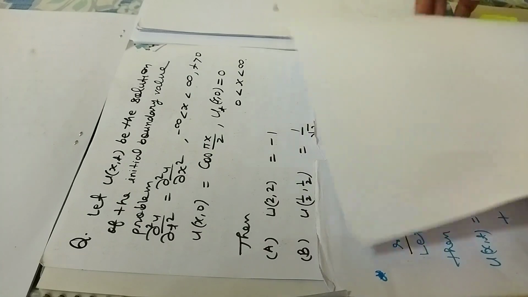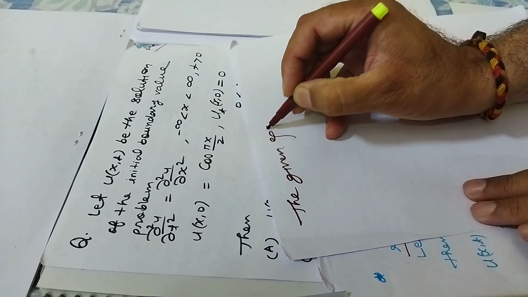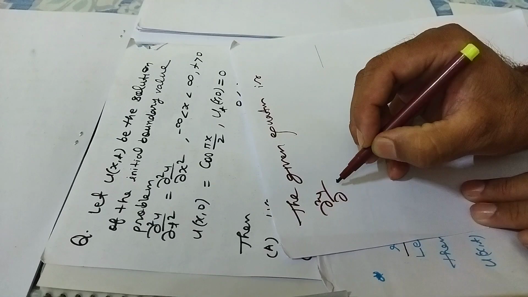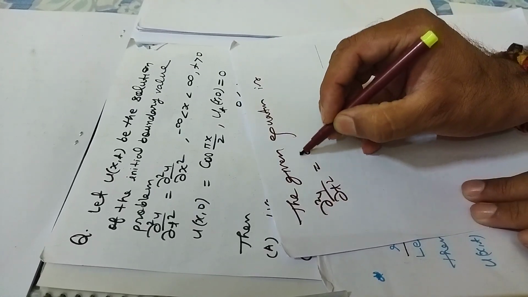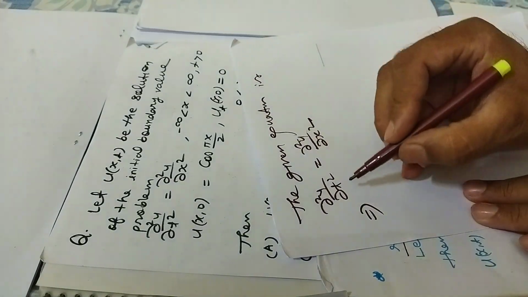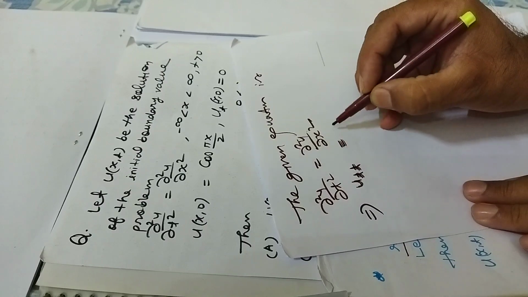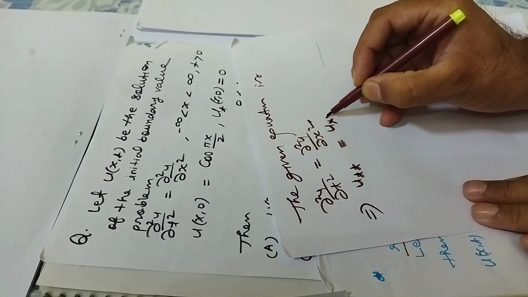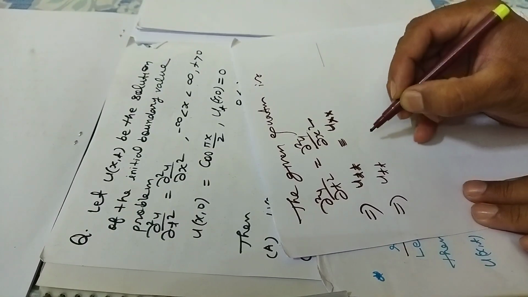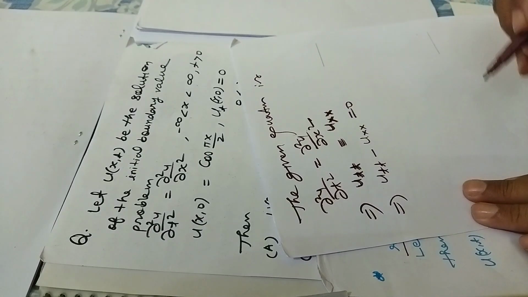The given equation is del square u by del t square is equal to del square u by del x square. We can write it as u_tt is equal to u_xx. Again we can write it in the standard form u_tt minus u_xx is equal to 0.